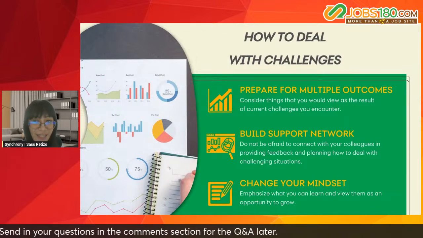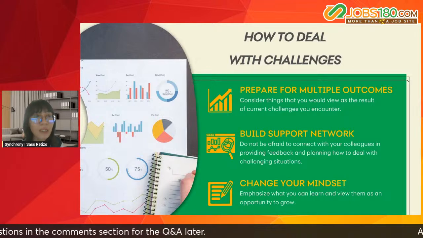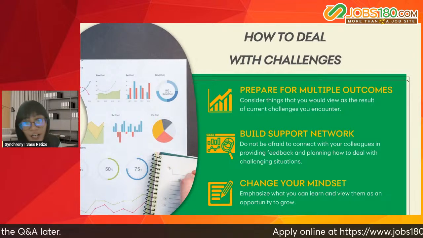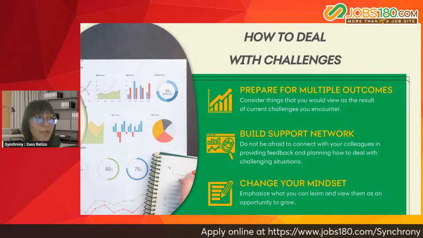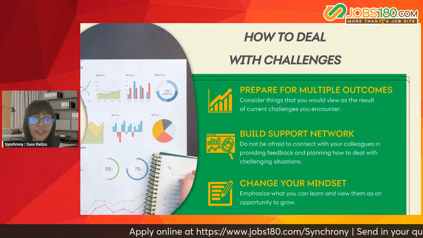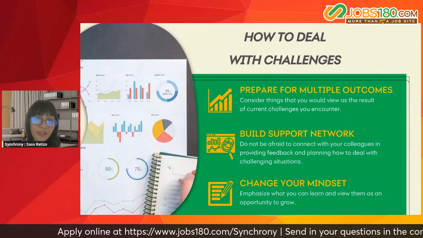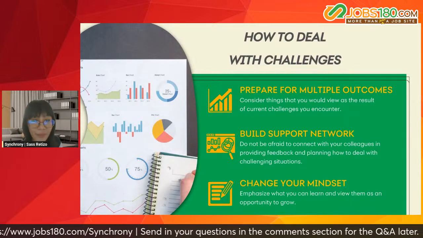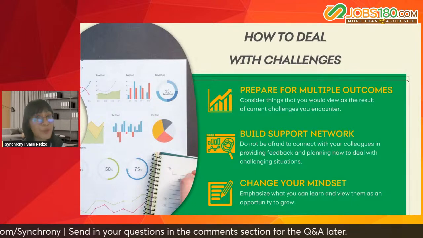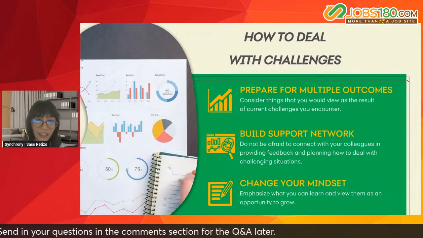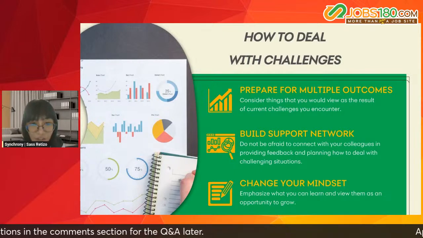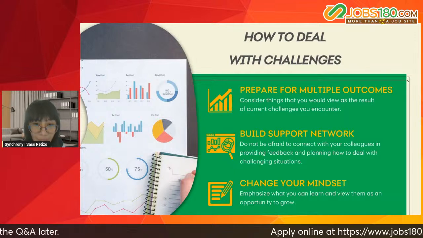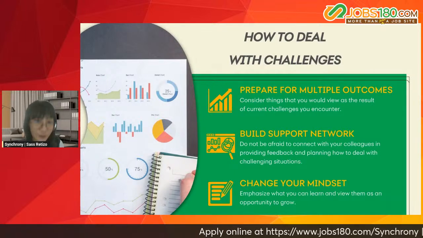Okay, and that is building relationships, building a support network within the team. Okay, and again, though independence is important, we still need others' ideas, other support to address the challenges and better understand the resolution we can provide. Okay, and lastly, change your mindset. So emphasize what you can learn and view them as an opportunity to grow.